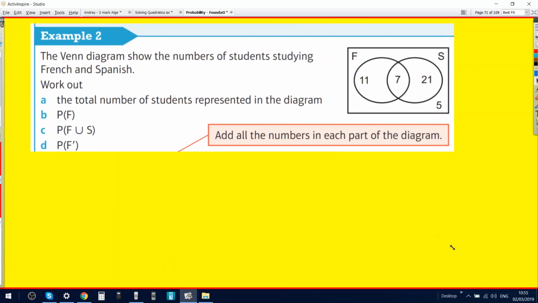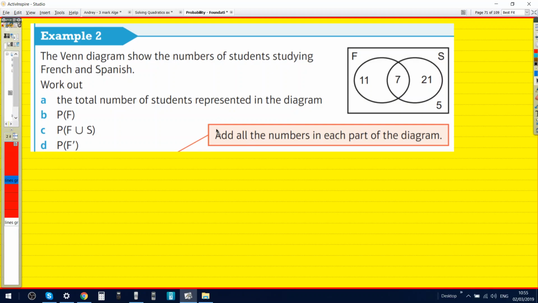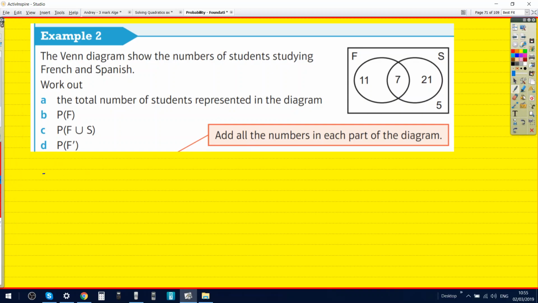Okay, so part A, the total number of students represented in the diagram. 11, 7, 21. So actually because it's both, would it be 4? And, oh, so would you do 11 add 7 add 21? Mm-hmm. Alright, so that's 40.